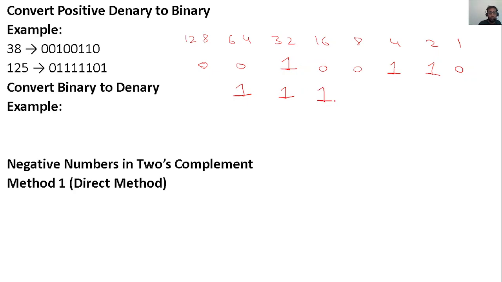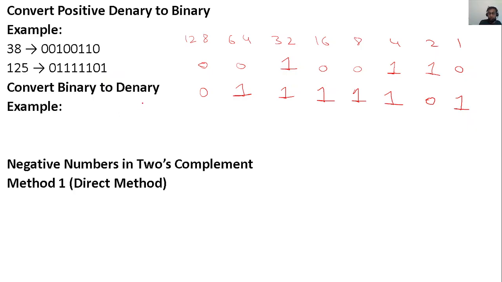It is still smaller than the original number, so we put 1 with it. 112 plus 8 is 120. We still put 1 with it. 120 plus 4 is 124. We still put 1 with it. 124 plus 2 is 126. We don't put 1 with it, because 126 becomes greater than 125. So 124 plus 1 is 125. This is how 125 is directly converted into binary.